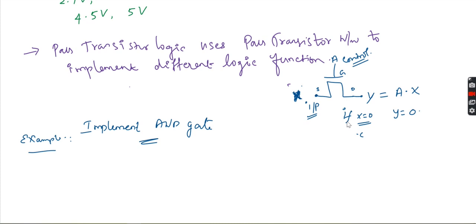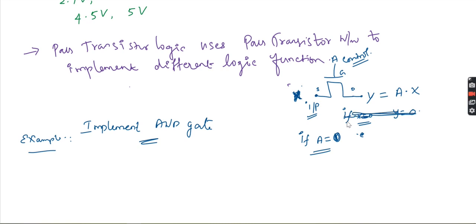So you can see, if A is not 1, or let me say A equal to 0. First check the control signal, because you always have to check the control signal.